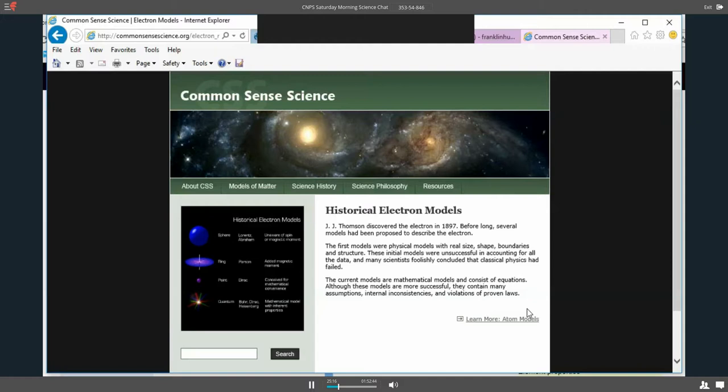Now, what really helped my son's work, and I worked with him on this too, in the theory of the atom, was NASA measured the emission spectra of hydrogen and helium atoms in space.